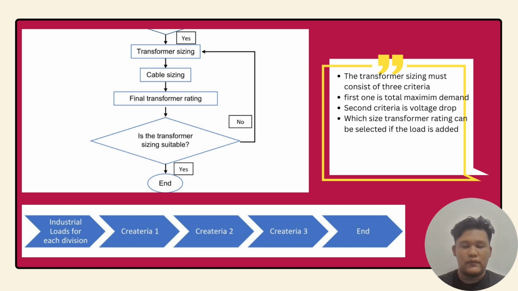And then we check if the transformer sizing is suitable. If it's not, we should calculate again from the transformer sizing. And if the transformer sizing is suitable, then the transformer can be selected.